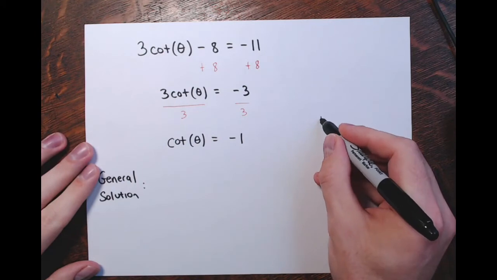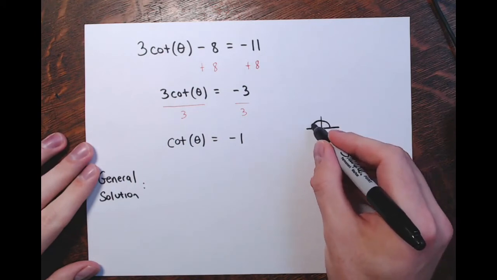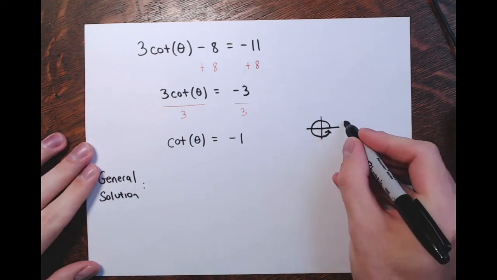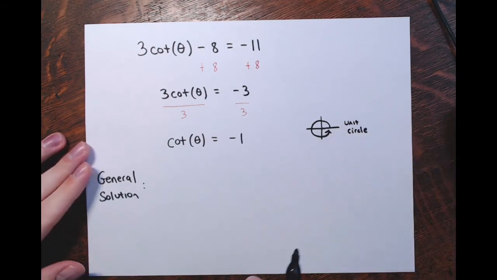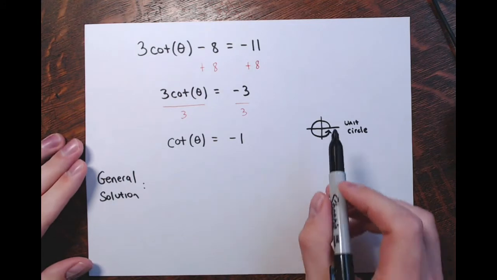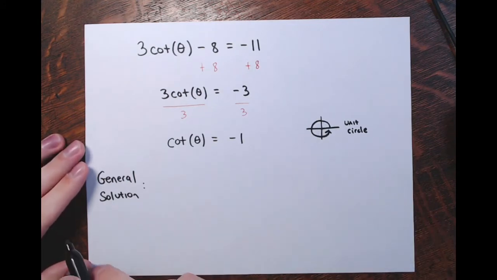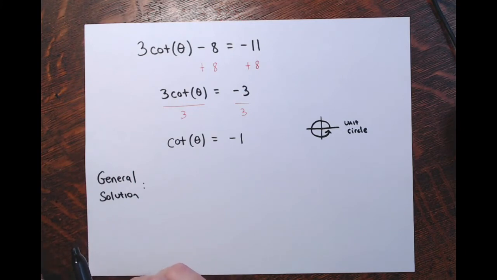But first, I'm going to think about just going around the unit circle once. Imagine the unit circle. I'm not going to draw it. Imagine going around the unit circle counterclockwise one time, and think what angles have a cotangent of negative 1.